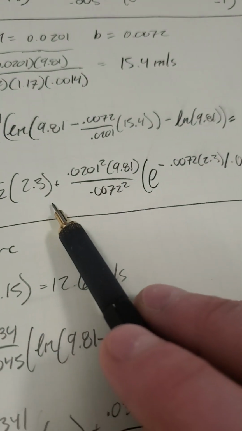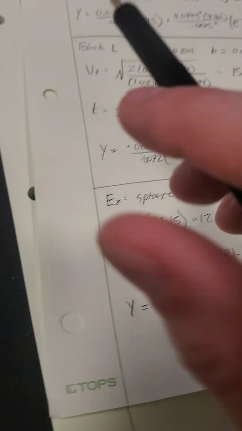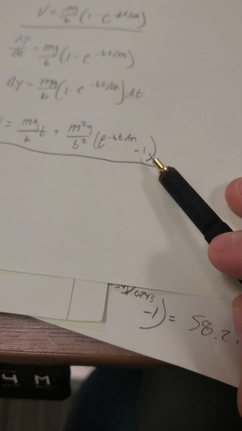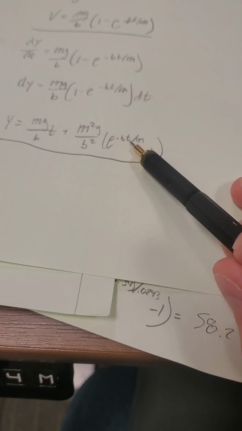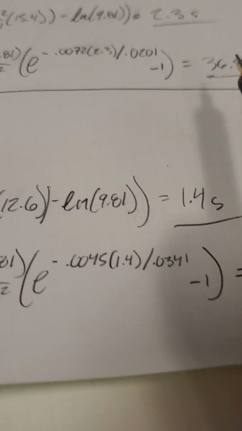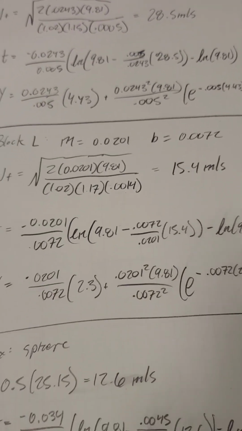And then for the position, we need this time because this position function is a function of time, which is that equation right there. So we just plug everything in again, but instead of plugging in velocity, we're just plugging in the time that we found. And that will basically give you the distance that it fell. It is negative.